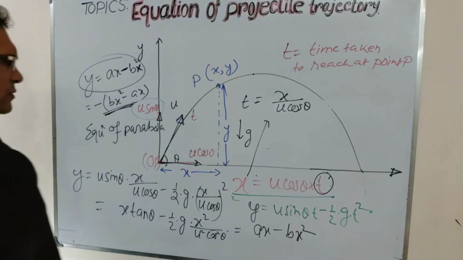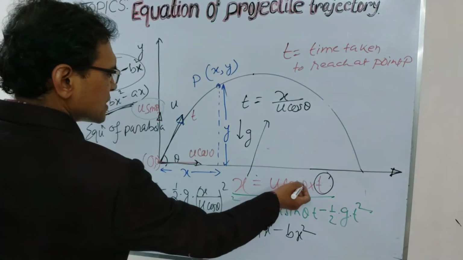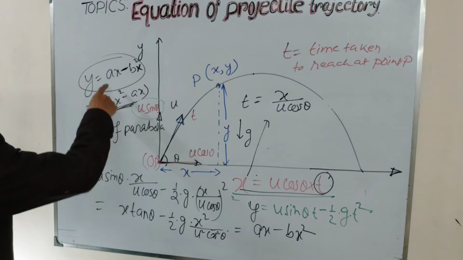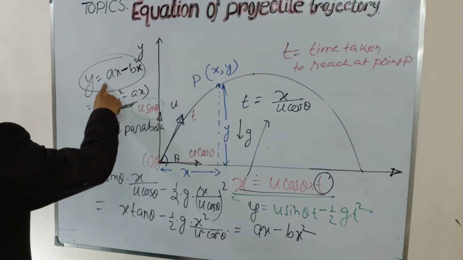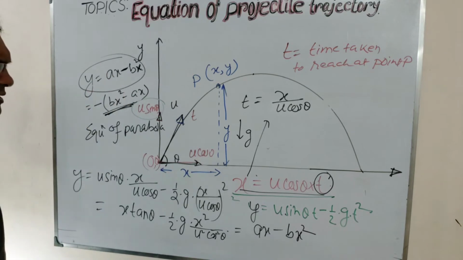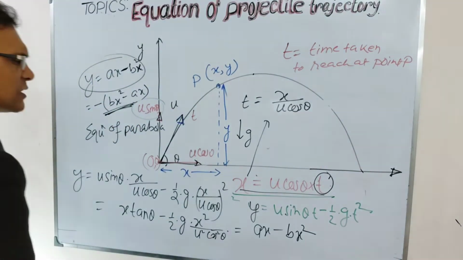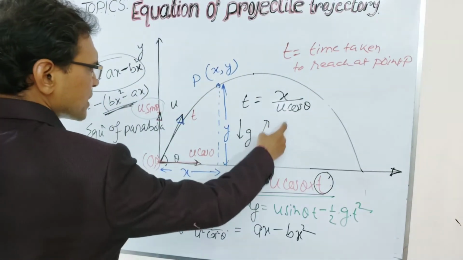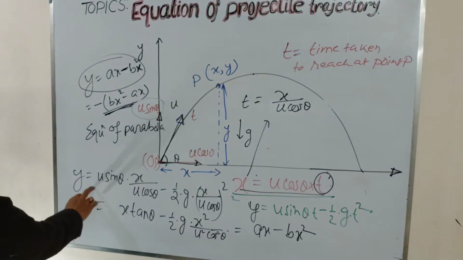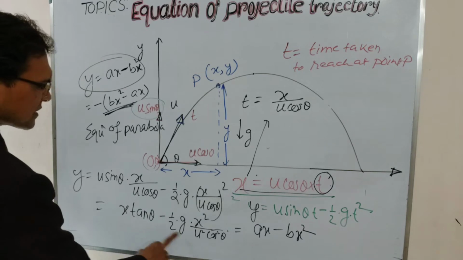Now we have to eliminate t, because for finding the equation we establish it in terms of x and y. So t equals x by u cos theta. Put t in this equation, and the equation becomes this.